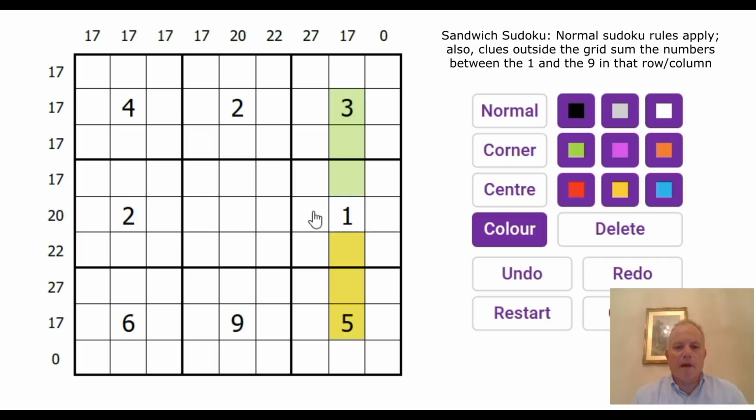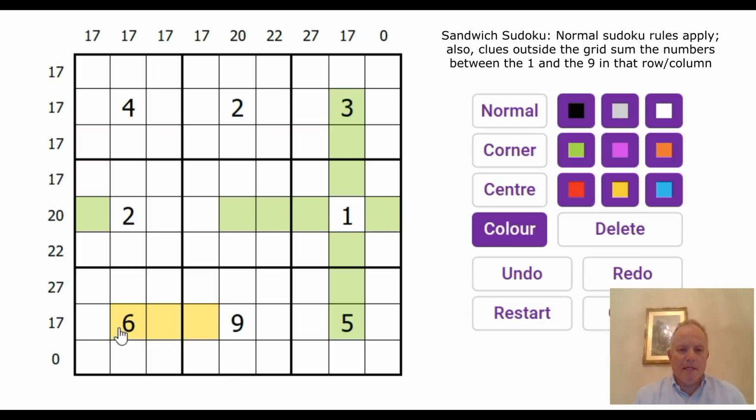And going across from that one, we have a 20. That's got to be, again, at least 3 cells. And in the case of 20, it could be as many as 5, but the last cell in that row can't be a 9.